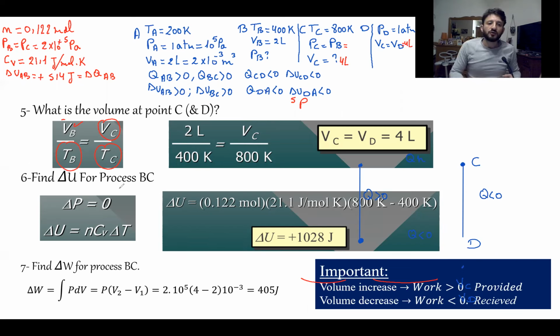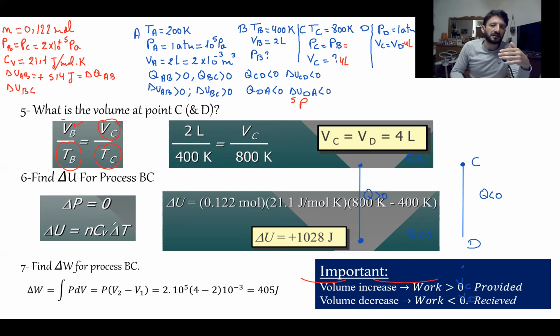Find delta U for the process BC. You know, in the case of BC, we have a constant P. It means delta P equals 0.